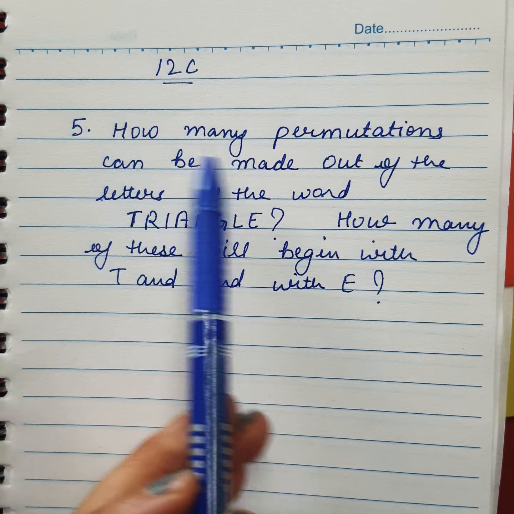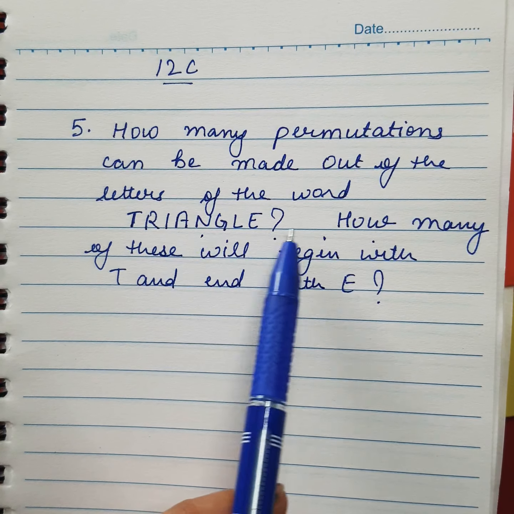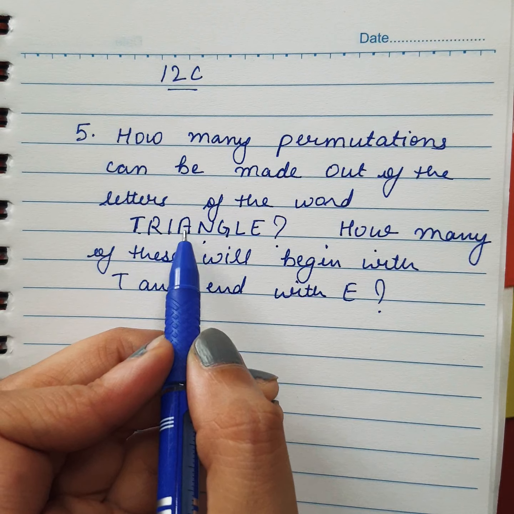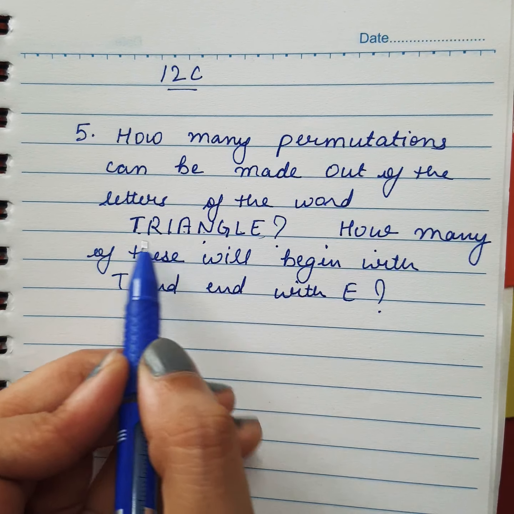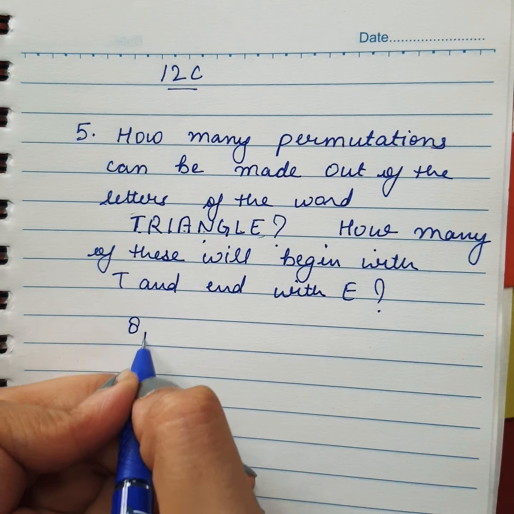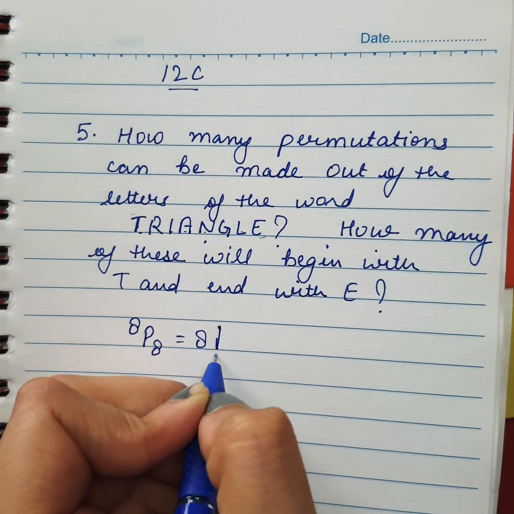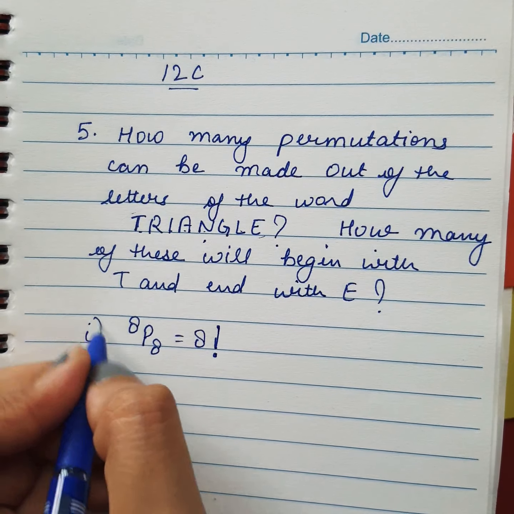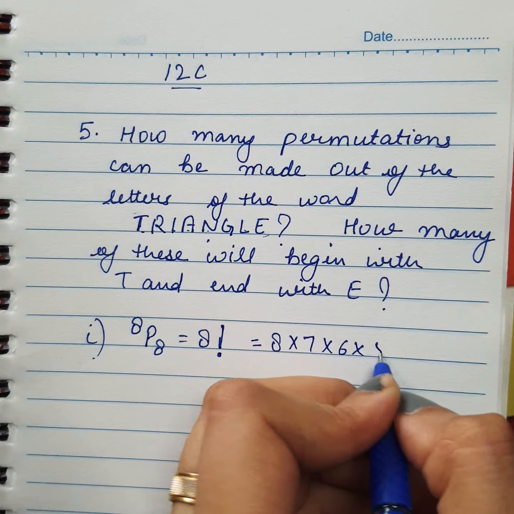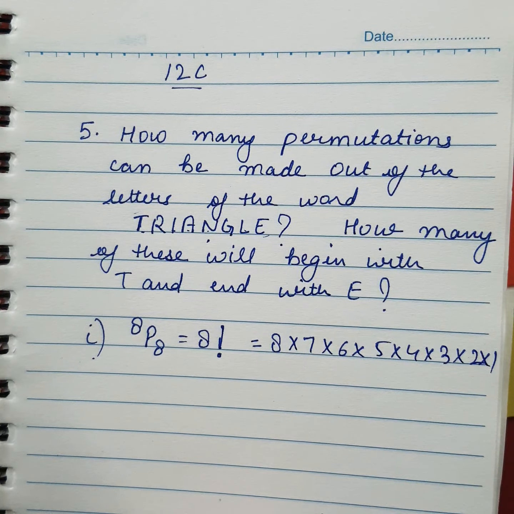One question: how many permutations can be made out of the word triangle? Then let's solve the first part. The 8 letters are to be filled in 8 ways. So 8P8, which is 8 factorial, 8 into 7, 6, 5, 4, 3, 2, 1.